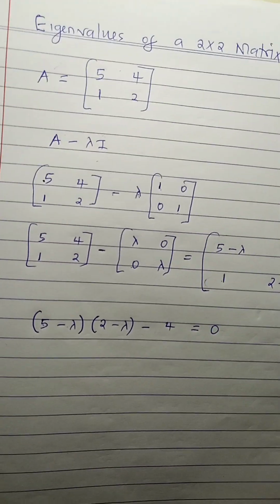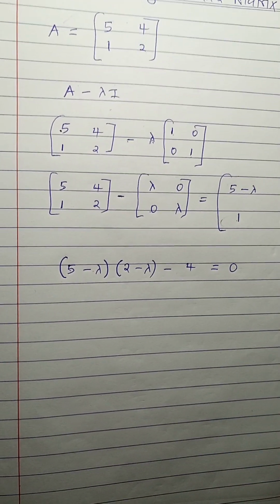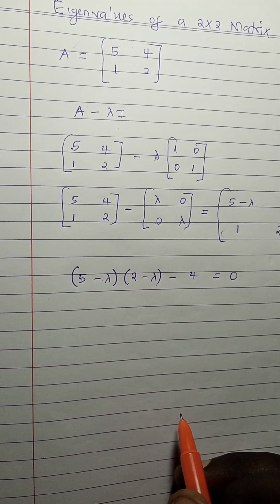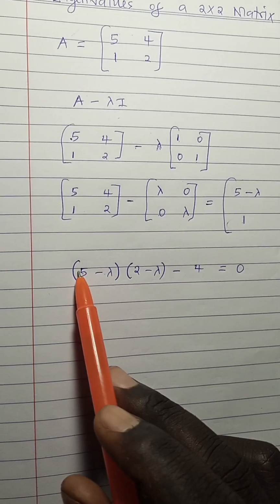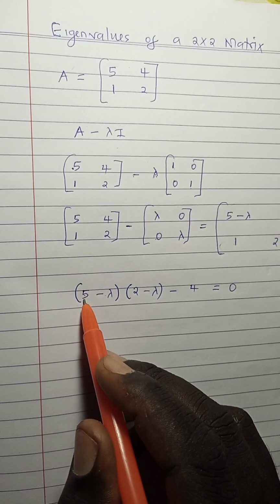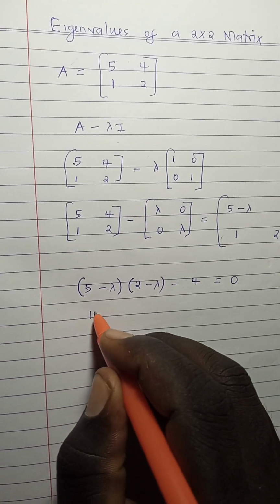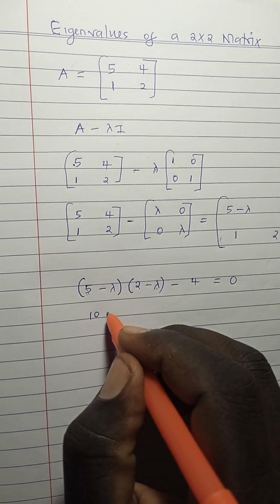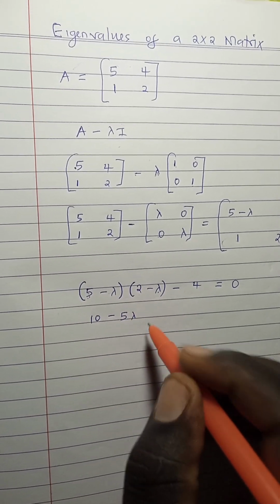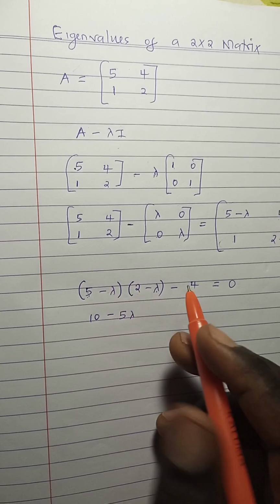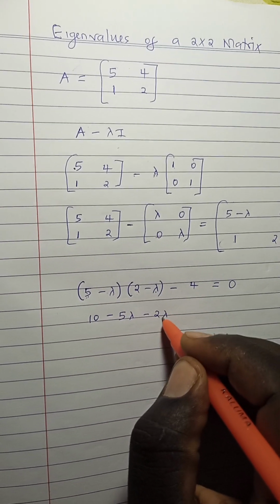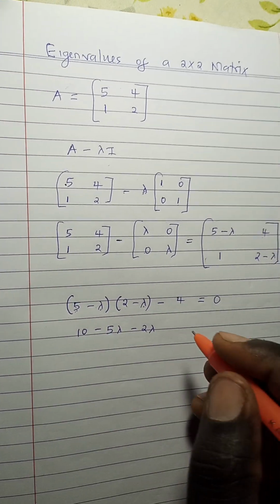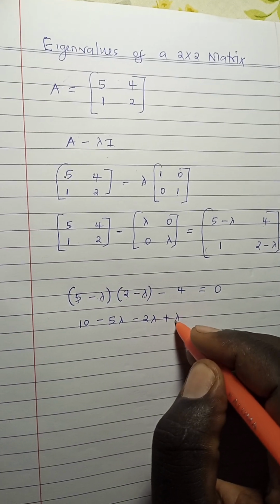Arriving at this point, we have to open the bracket and expand this. So we have 5 times 2, that is 10. Then 5 times negative lambda will be negative 5 lambda. Then negative lambda times 2, that is negative 2 lambda. Then negative lambda times negative lambda will be positive lambda squared.